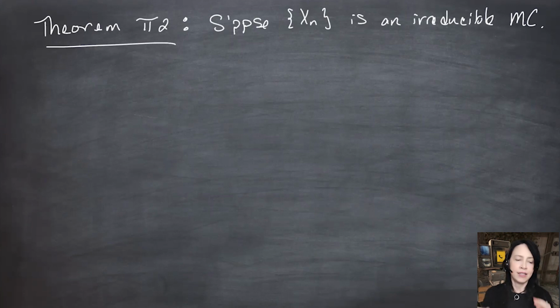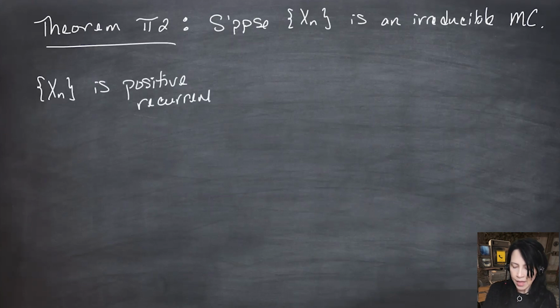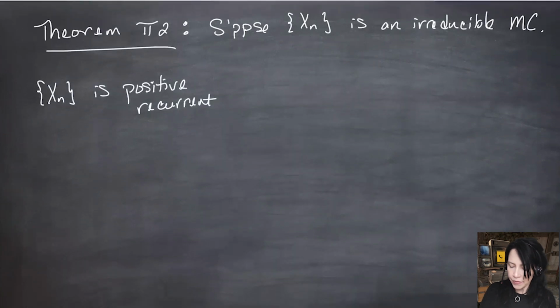So here is the theorem. The Markov chain X_n is positive recurrent if and only if a stationary distribution exists.